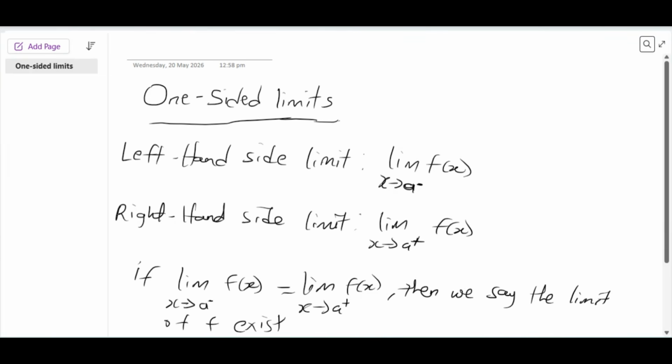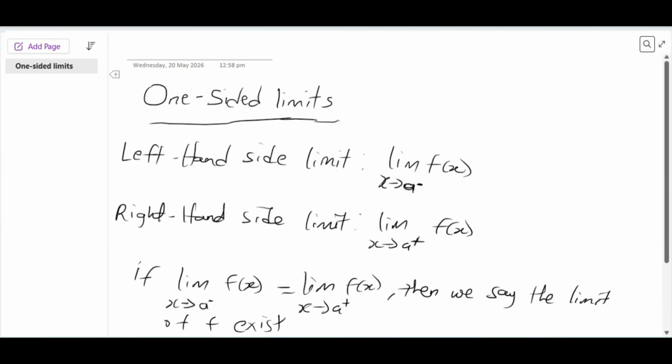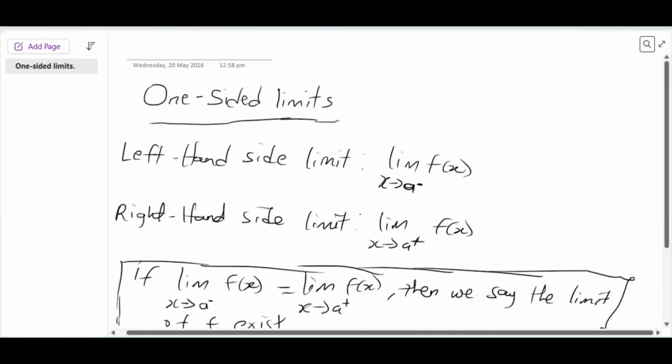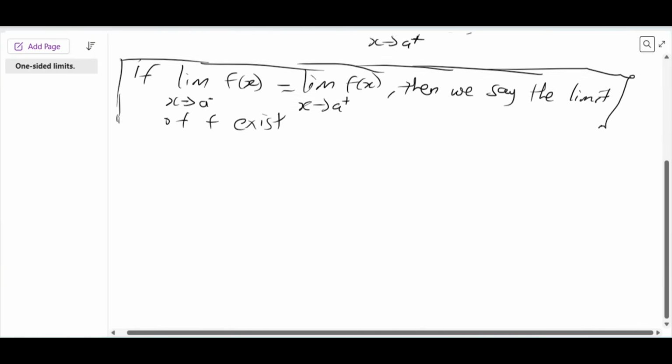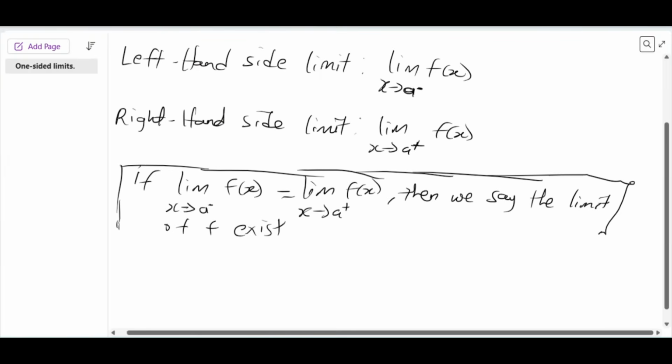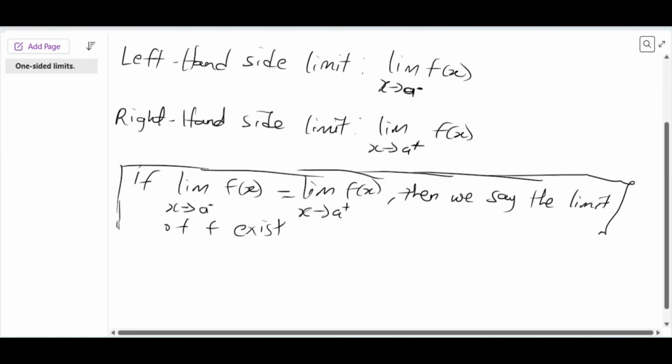You need to know this particular condition. For you to prove that the limit exists, this must hold. You should be able to show that the left-hand side limit is equal to the right-hand side limit. If you are able to show this, then it means that the limit exists. All right, let's quickly look at a few examples.